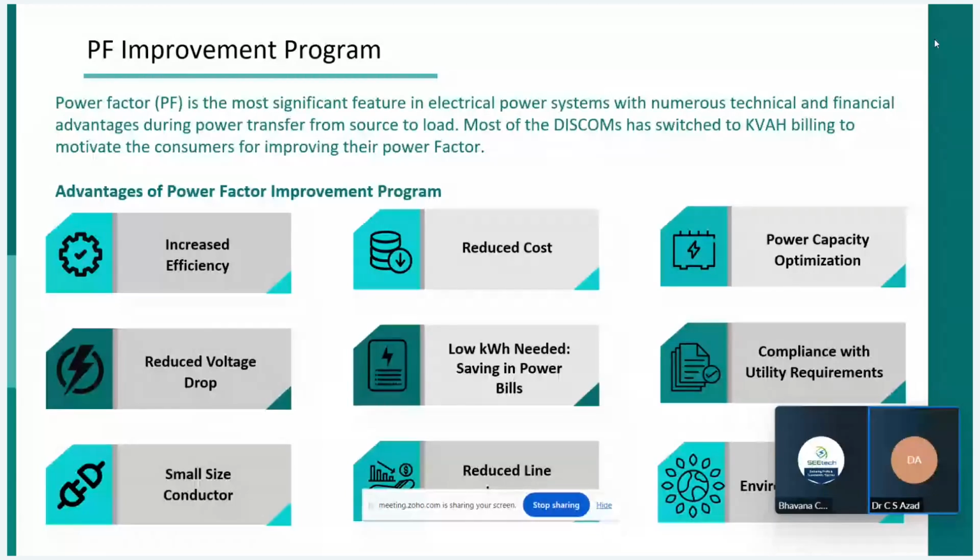And now we have observed that most of the discoms have this system of kVAh billing. Earlier the billing was kWh billing. Now they are billing in kVAh, and due to kVAh billing, it has become inherent for all the consumers to make arrangements for power factor improvement. Next.